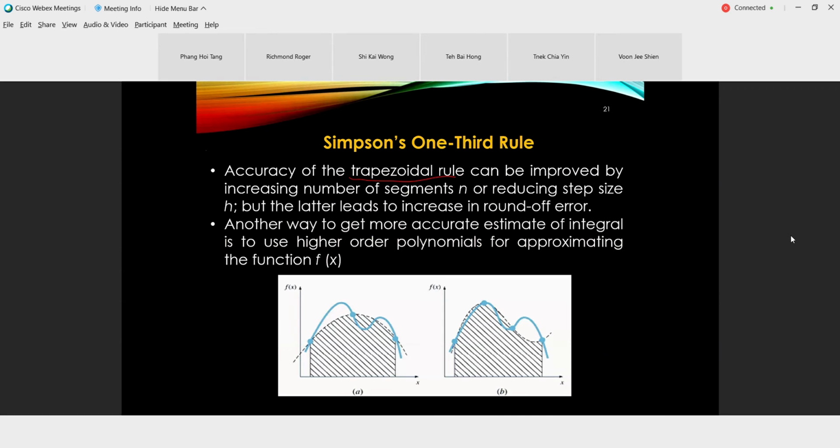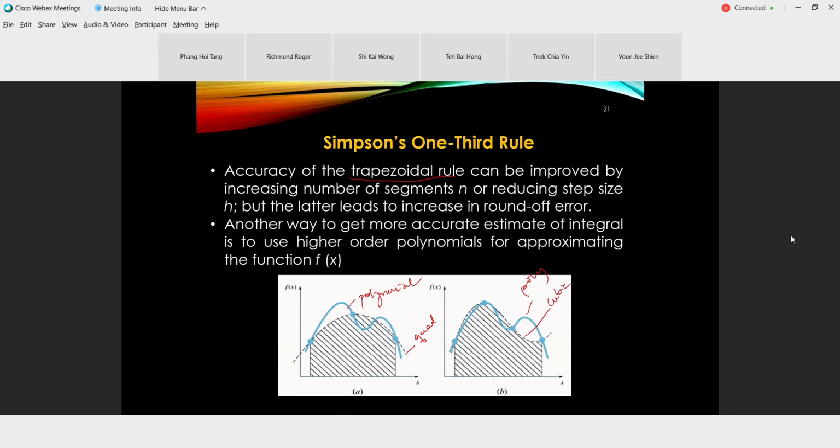Another way to get a more accurate estimate of the integral is to use a higher order polynomial for approximating the function f(x). According to figure A, this is only quadratic. This is a polynomial. If we use a polynomial, this is also a polynomial, a cubic, power 3.